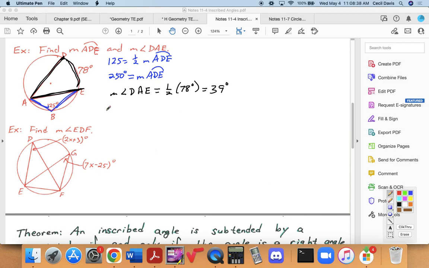If you have an arc that fits between the two sides of the angle, then that angle belongs with that arc. That's the inscribed angle too. Yeah, the vertex has to be on the circle. We'll talk later on about what happens if you have one that looks like this, where the vertex is not on the circle, how you can find this angle from this arc and that arc, but not today.